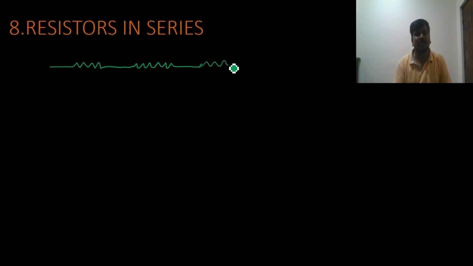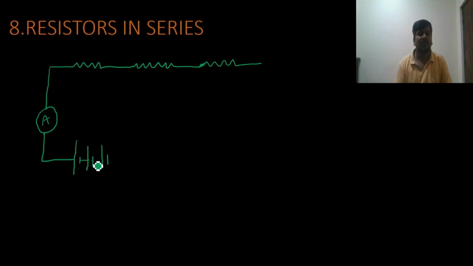That will be connected to the circuit, with the ammeter here, and then it will be connected to the battery. Here I am considering the battery, and that will be connected to a switch.